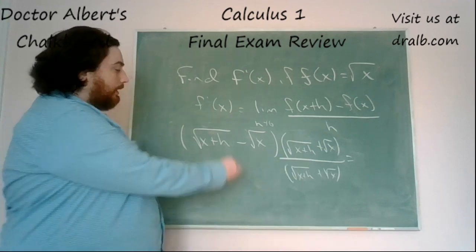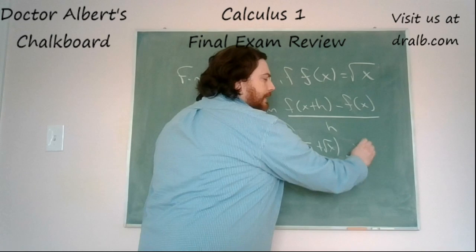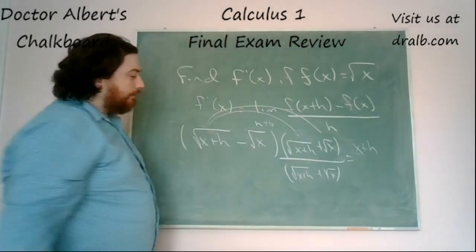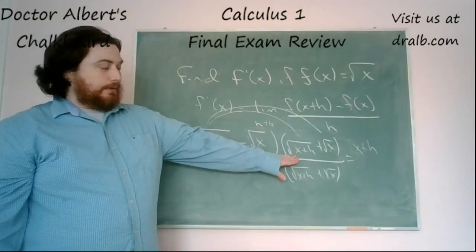Now when I multiply, remember this times this, the square root times the square root cancels, and we get x plus h. And then we get square root of x times the square root of x plus h, but then minus the square root of x times the square root of x plus h.